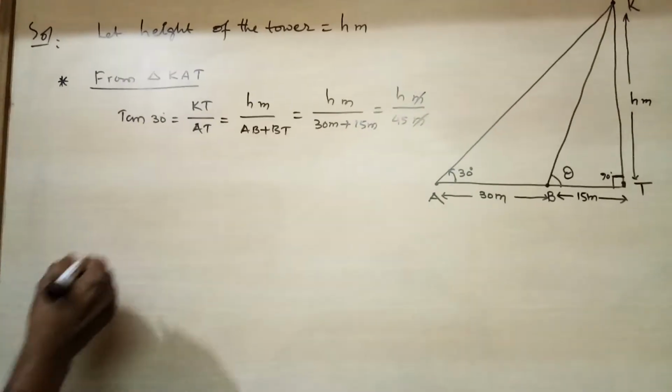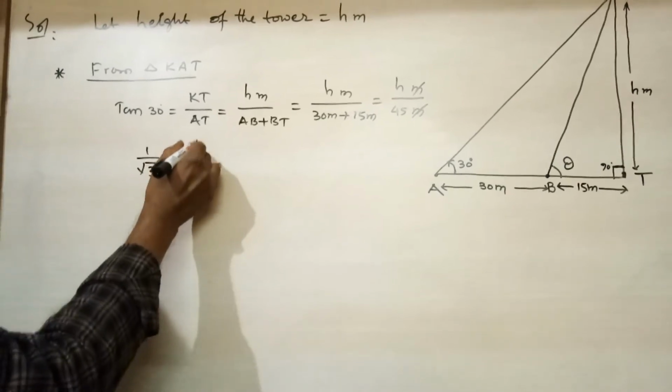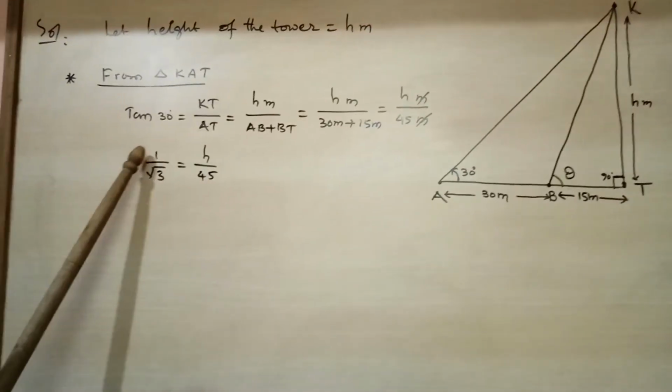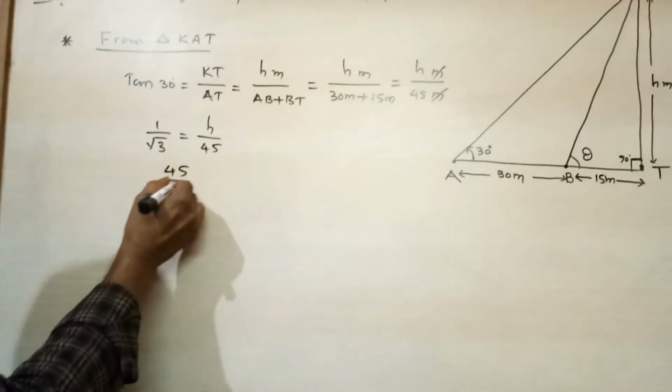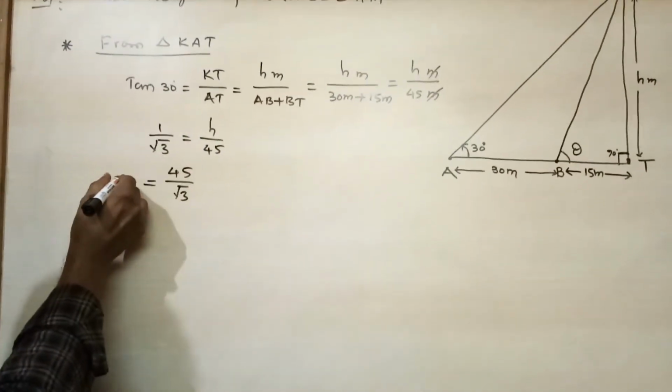Tan 30 degrees is equal to 1 by root 3, so 1 by root 3 equals h by 45. Bringing 45 to the left side, 45 by root 3 is equal to h. Let me call this equation 1.